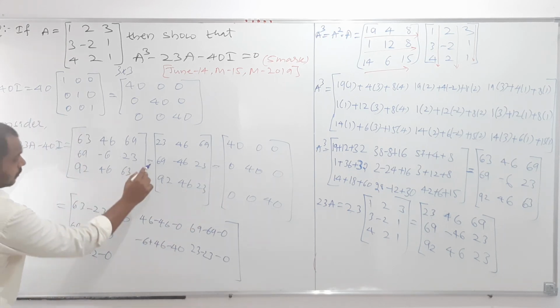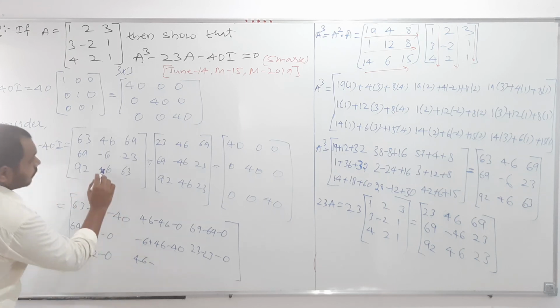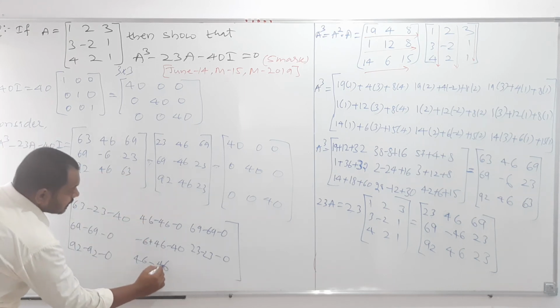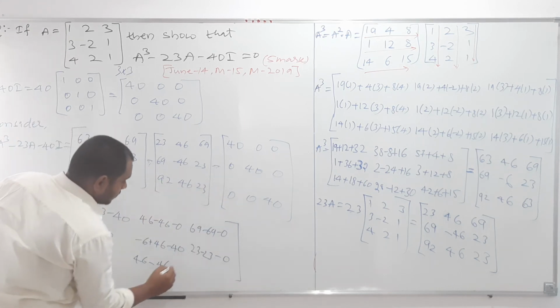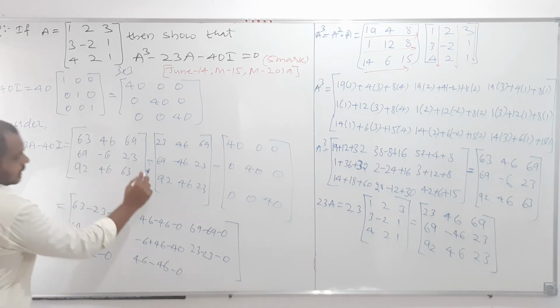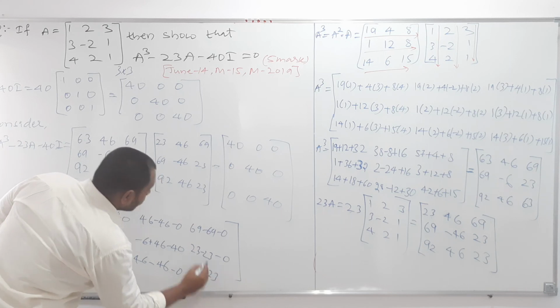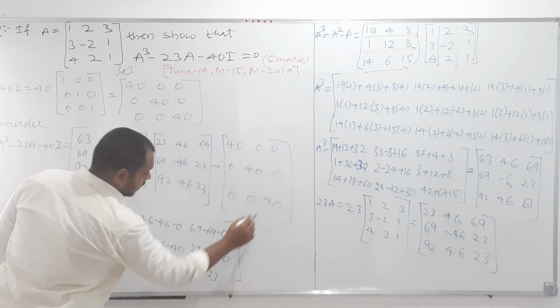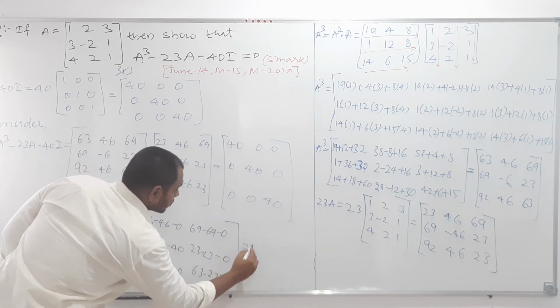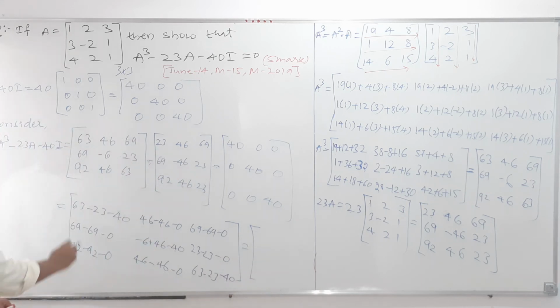Clear. Next, 46 minus 46 minus 0. Next, my dear students, 63 minus 23 minus 40. So this will give you 23 minus 23 minus 40.